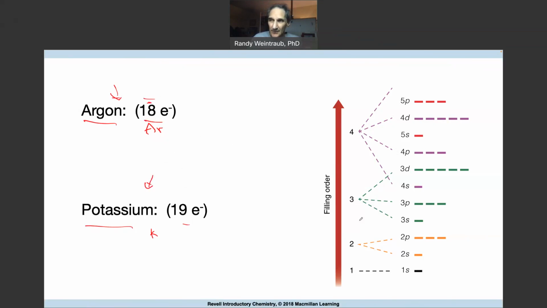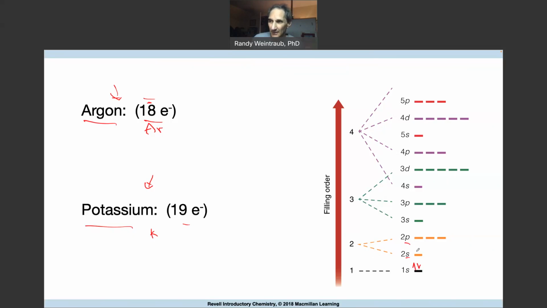Argon has 18 electrons. If we were to designate where those electrons are, we'd use this filling order diagram here, and we would place those electrons into their energy levels. The first energy level has 2 electrons. We show them like this, 1, 2, and we go to the second energy level. The second energy level has the s and p sublevels and could contain up to 8 electrons.